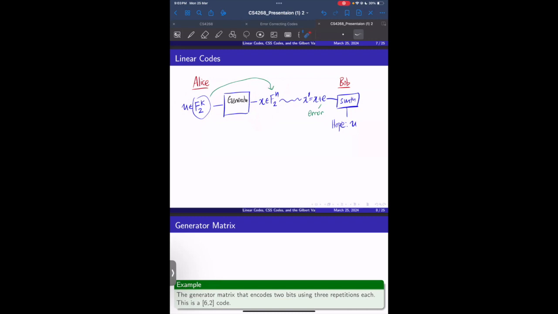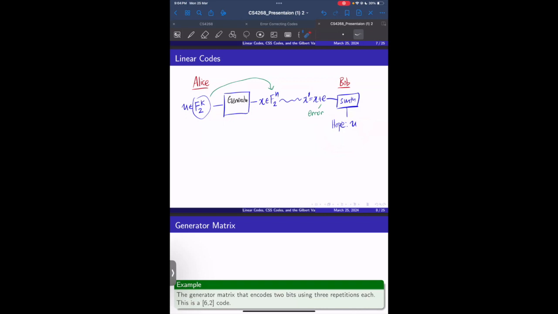Then we sent it through the noisy channel, and there was some error vector e that got added bitwise to it. The hope is that when Bob receives this thing with the error, he's able to do something, and hopefully at the end of the day, he will get back u.